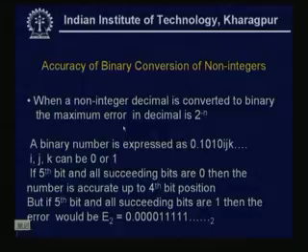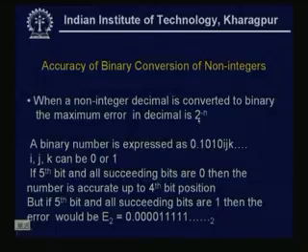That means, if I take 5 digits after the decimal point, I will get a more accurate result, instead of taking a 3 digit value. Now, the maximum error in this decimal is defined as 2 to the power minus n if it is truncated by n bits.